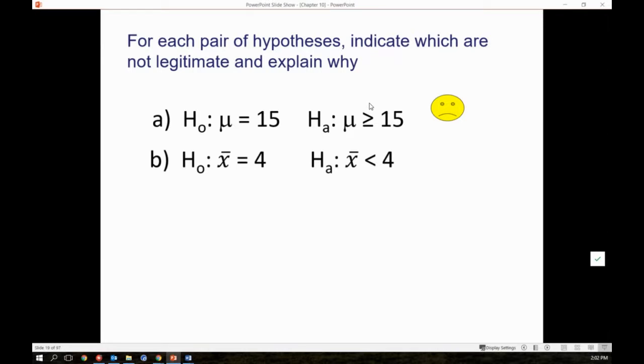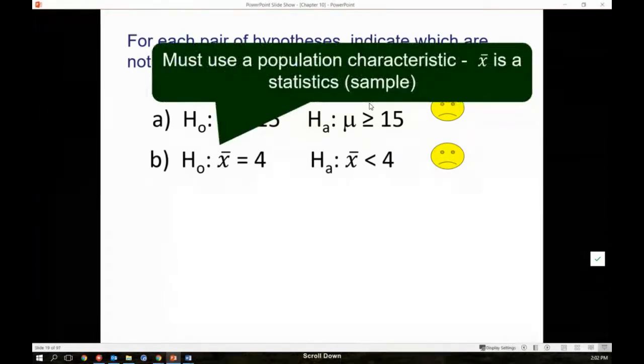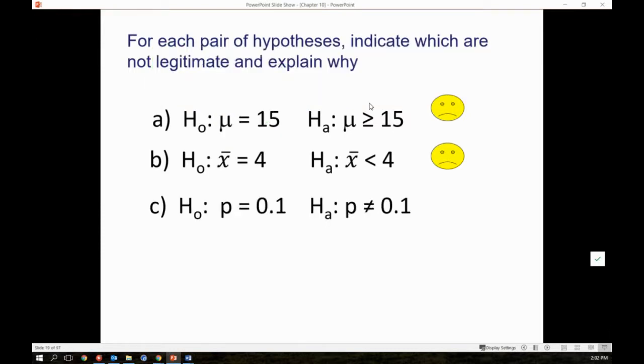It's X bar, X bar, it can't be the population. There you go. We must use a population characteristic. X bar is a statistic from a sample. Next one.